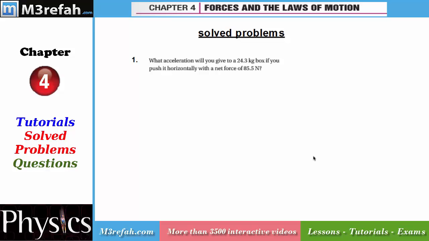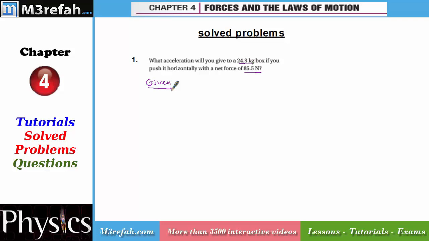Let's solve some problems. The first problem is, what acceleration will you give to a 24.3 kilogram box if you push it horizontally with a net force of 85.5 Newton? So here, the first thing that you have to do is list down all the given quantities.